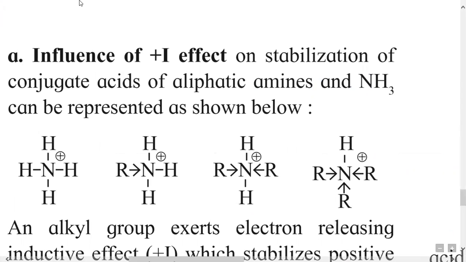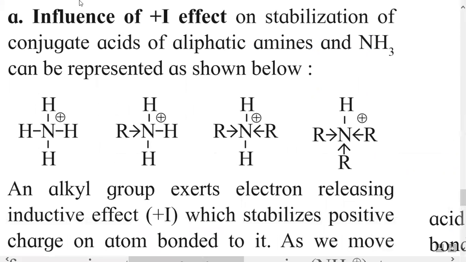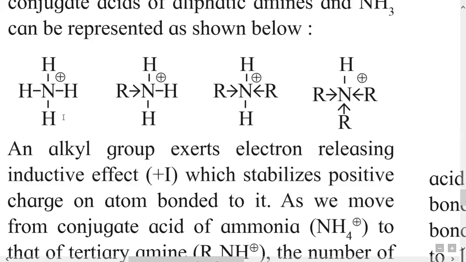Its influence on the stabilization of the conjugate acid of aliphatic amines and ammonia can be shown like this. This is ammonia with a proton, which is called the ammonium ion. This is the protonated primary amine, protonated secondary amine, protonated tertiary amine.